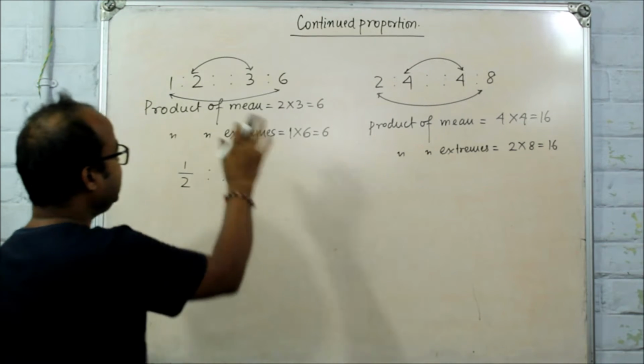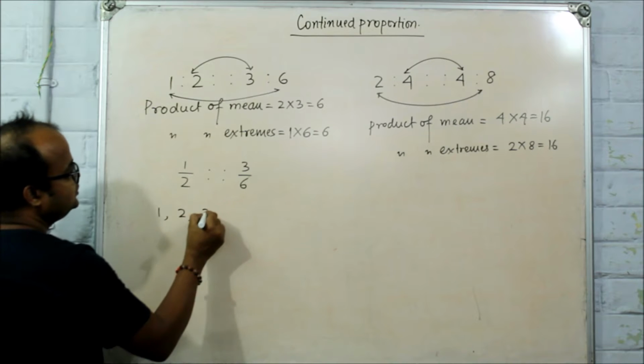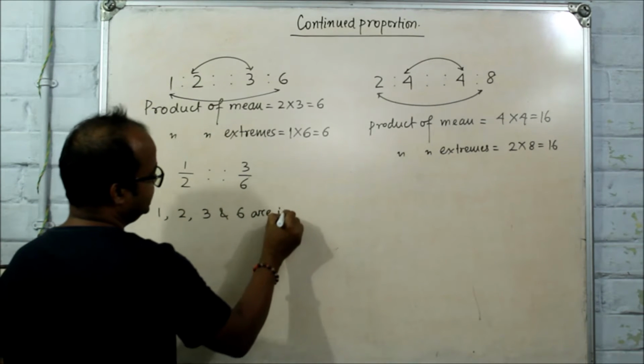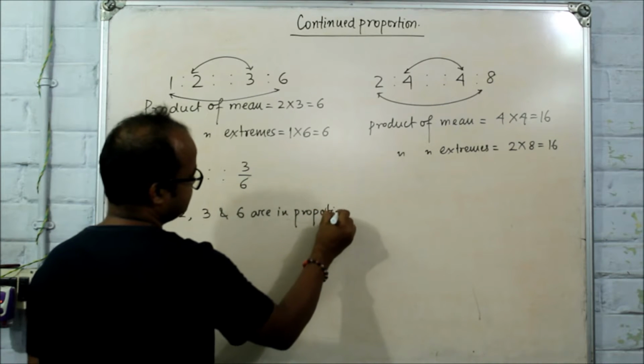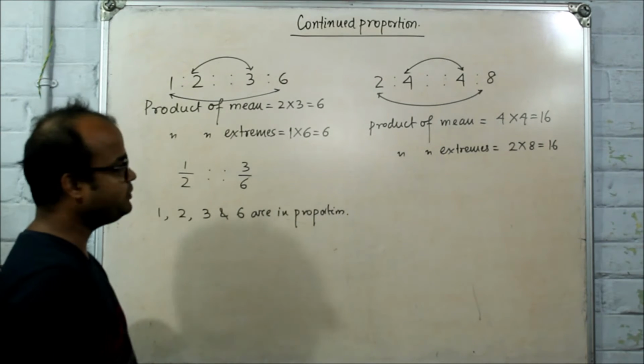Now if they are in proportion, so what do I write? 1, 2, 3 and 6 are in proportion.